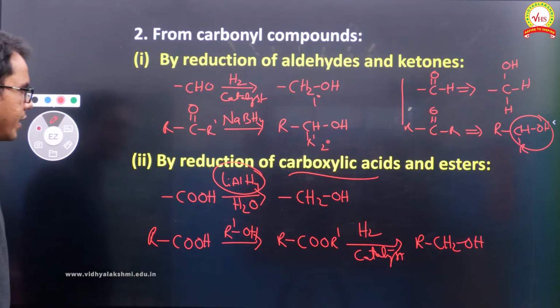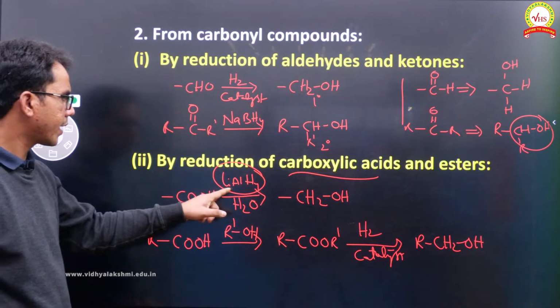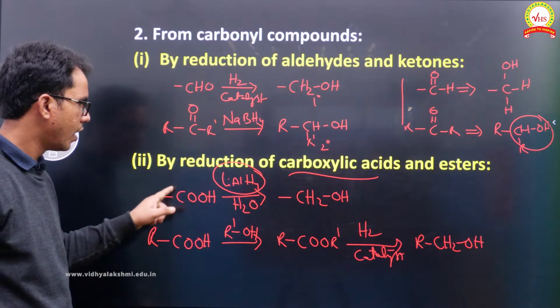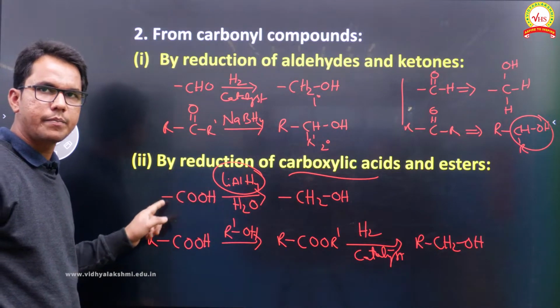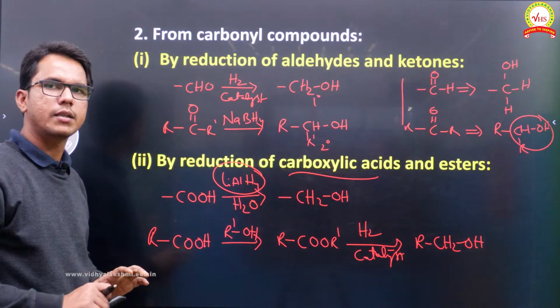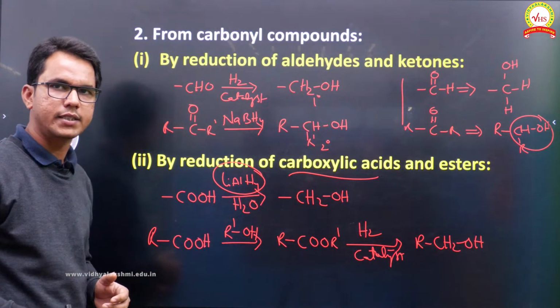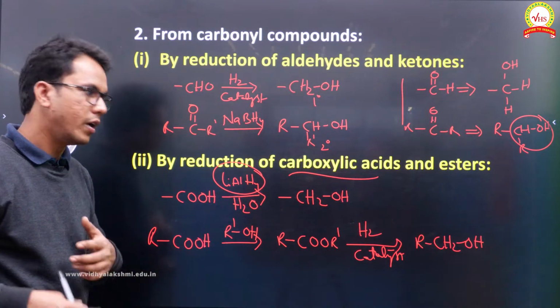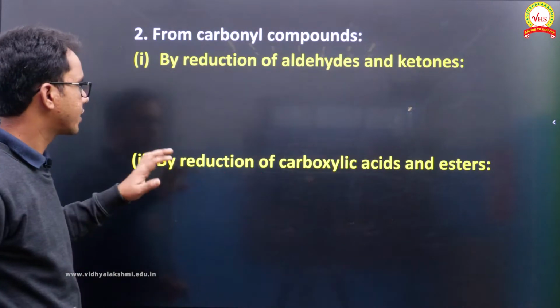What we have to remember is that only this strong reagent can be used for the preparation of alcohols from acids, not the mild reagent. Separately, we can make a video only on reagents, how we can use them for reduction and oxidation.